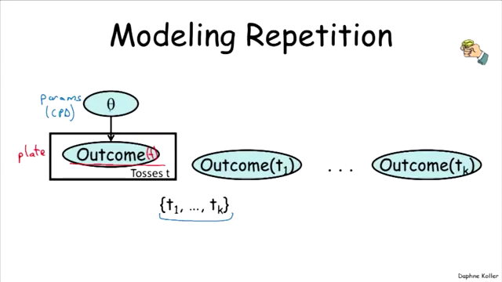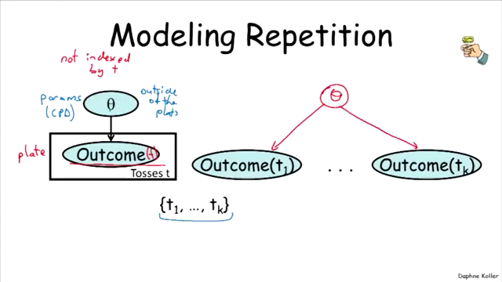If we have the parameters here, we can see that theta is outside of the plate, which means that it's not indexed by T, which means it's the same for all values of T. So we have this parameter theta, and all of these outcomes depend on the exact same parameterization.